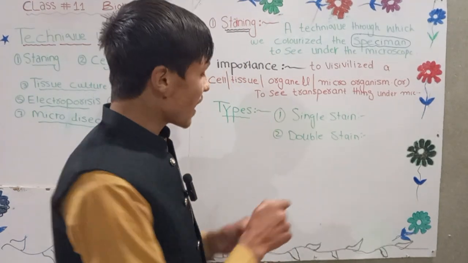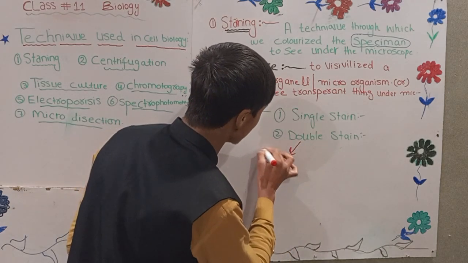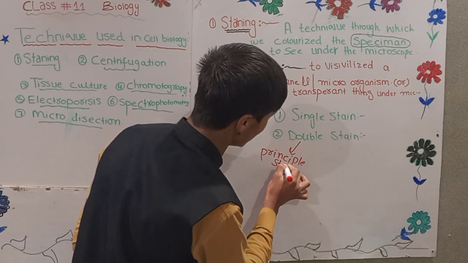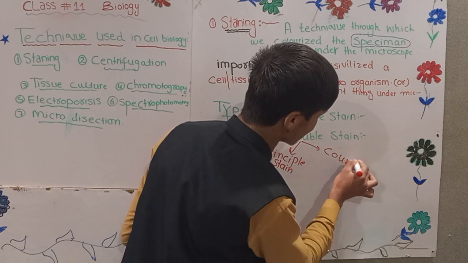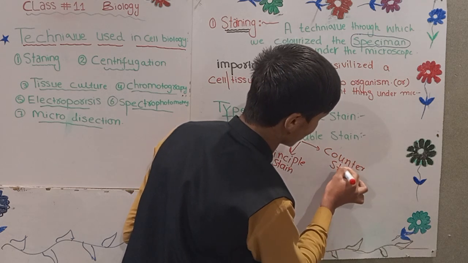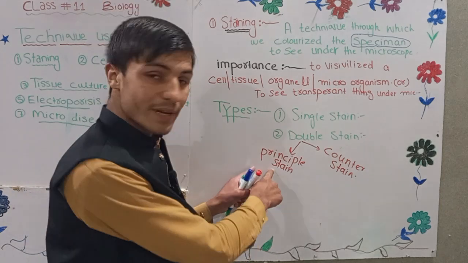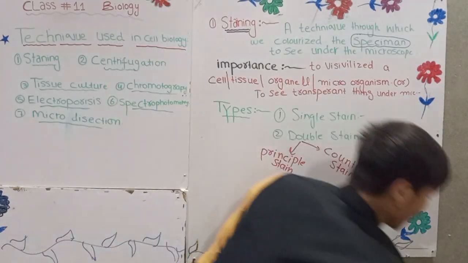In a double stain, the first color is known as the principal stain, and the second color is known as the counter stain. Number one is the principal stain and number two is the counter stain.